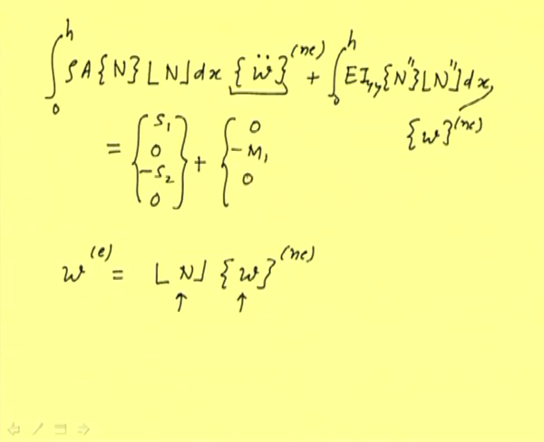These are nothing but shear force and bending moment at node 1 and 2, and this is the external force term which remains as it is from the previous one.